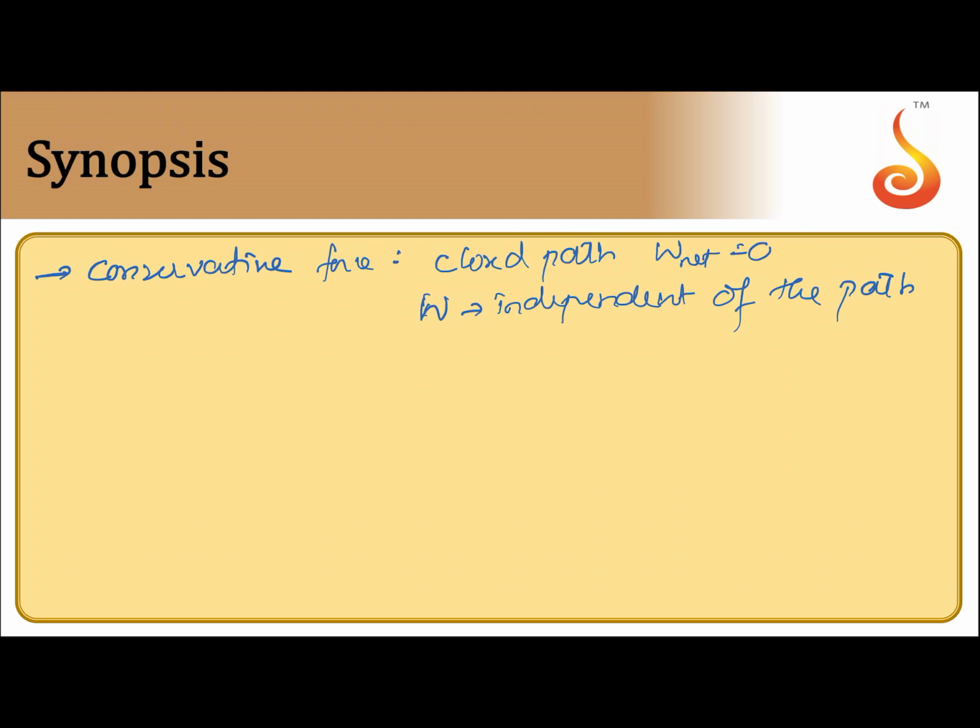For example, central forces, spring forces, gravity, etc. are conservative forces. Remember, when only a conservative force acts within a system, kinetic energy and potential energy can change into each other, but the total remains constant. So in such cases, work done is completely recoverable. You can recover the entire work done.